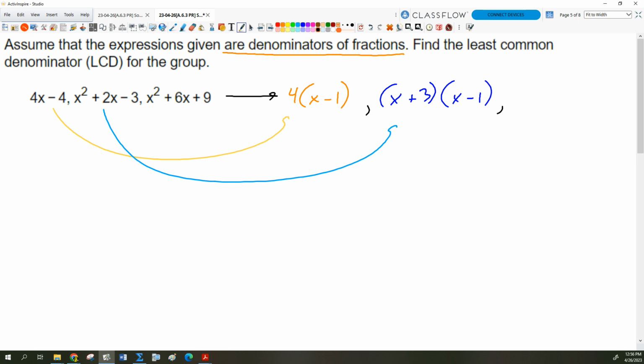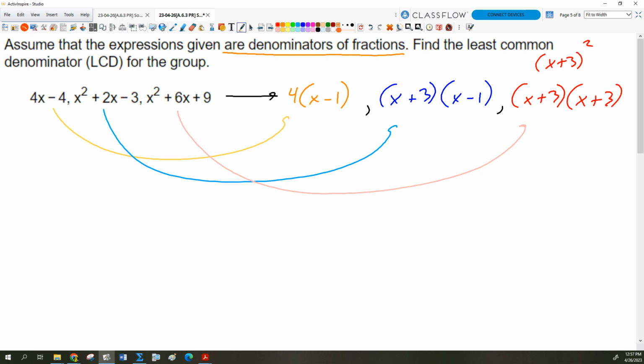And then our last denominator, this guy, is what? Say it again. X plus 3 times x plus 3. Okay, good. Now, if I want to, I could even just call that x plus 3 squared, right?